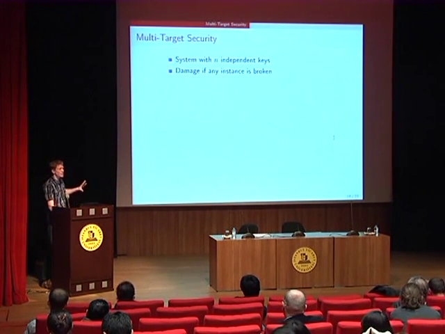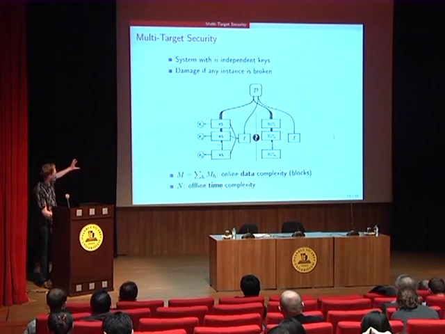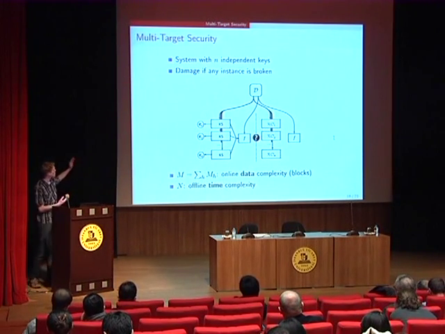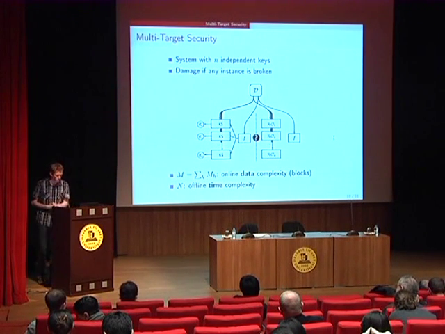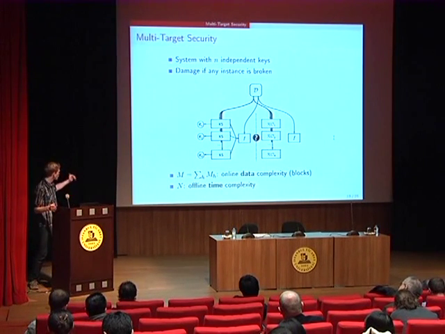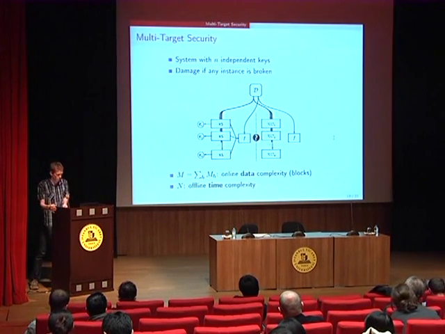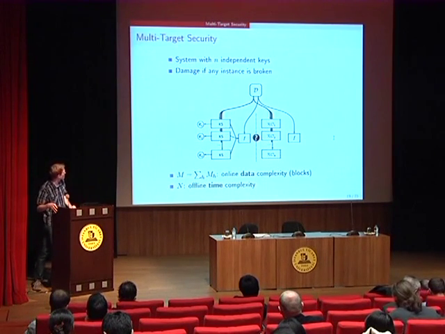We also analyzed the results for the multi-target security case. First of all, we generalized the model. So we consider a distinguisher who now has access to either n keyed sponges or n random oracles. And the online complexity m is then divided over these sponges. Here, to be clear, the keys are assumed to be independent.